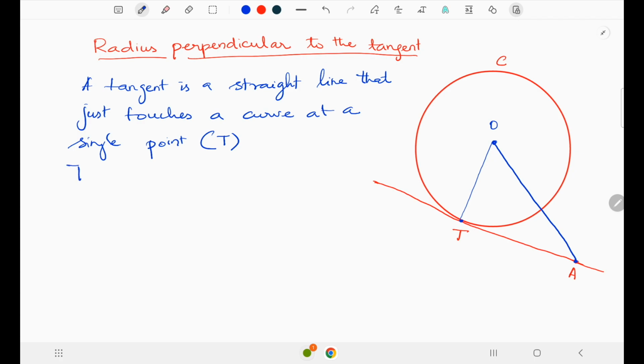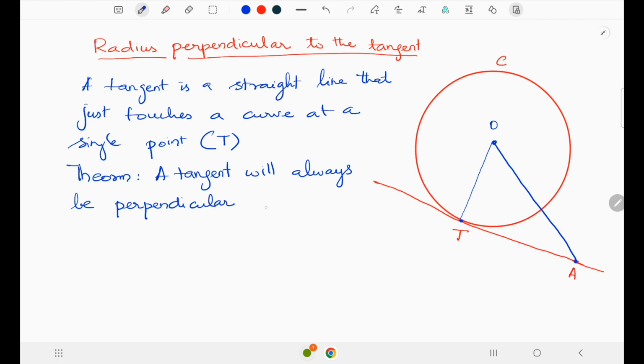So what is the theorem stated? Theorem states that a tangent will always be perpendicular to the radius at the point of contact.